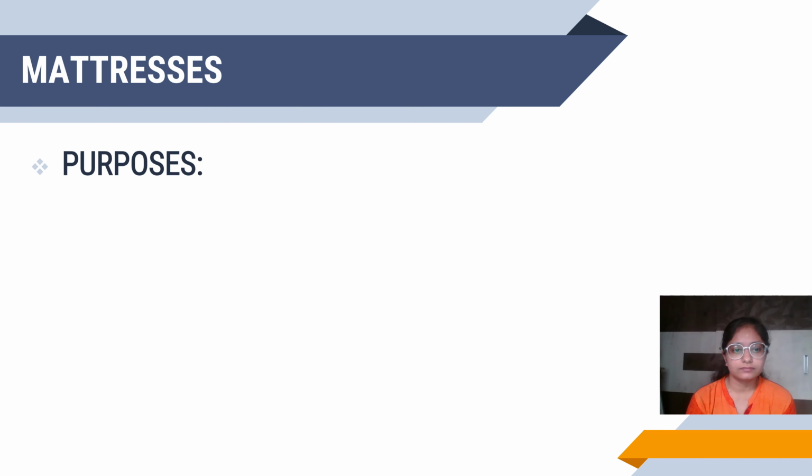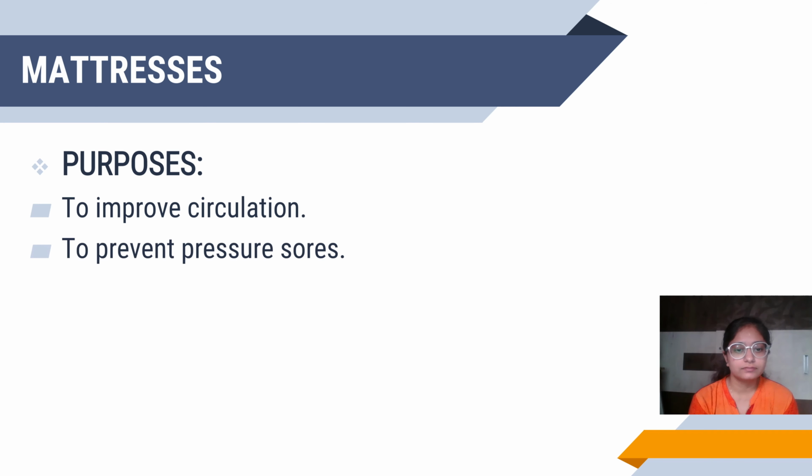Now, what are the purposes of mattress? For improvement in circulation, for prevention of pressure sores. So what are pressure sores? Pressure sores are ulcers formed due to ischemic necrosis of tissue.